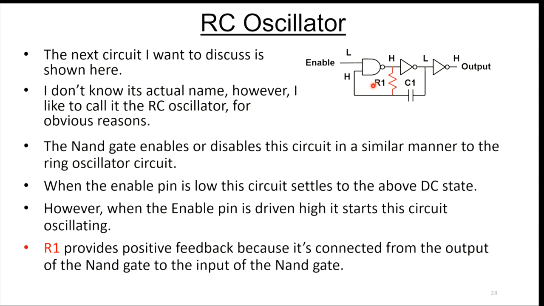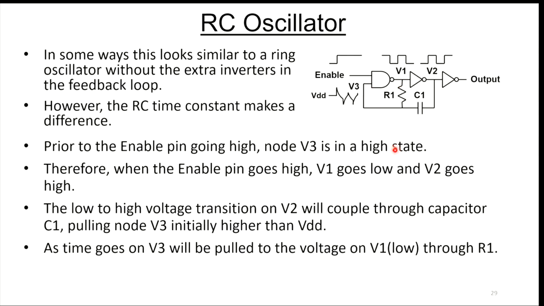It's going to want to oscillate, or you get some positive feedback there. In some ways, this looks a lot like the ring oscillator, just without all those extra inverters in the feedback loop. However, the RC time constant here makes a difference. Prior to the enable pin going high, node V3, which we're showing right here, is in the high state.